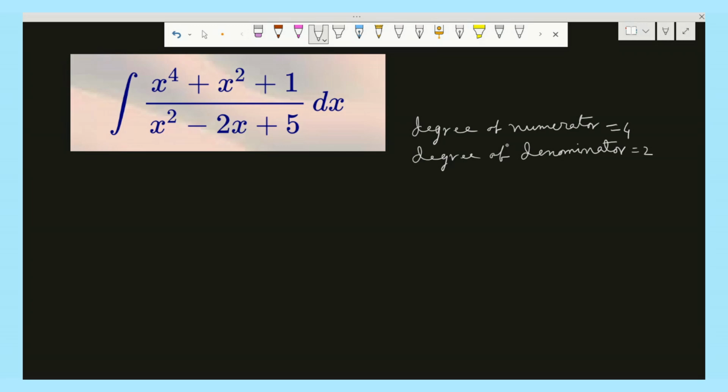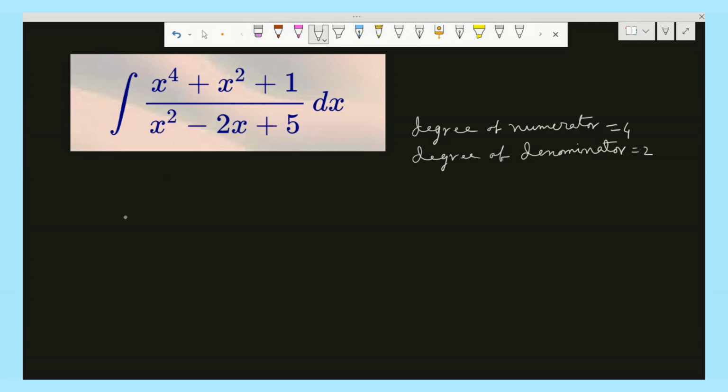So the degree of the numerator is greater than the degree of the denominator. How to find the integration in this case? The rule is first divide the numerator by the denominator or express the numerator in the polynomial of the denominator.